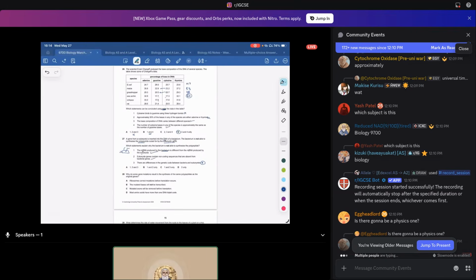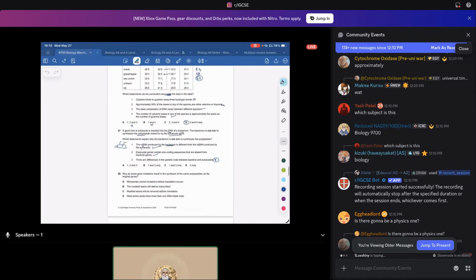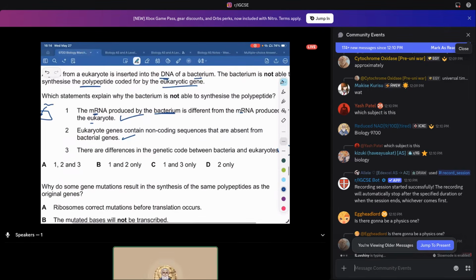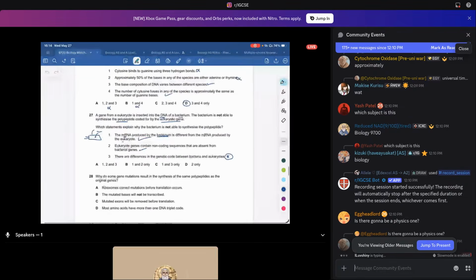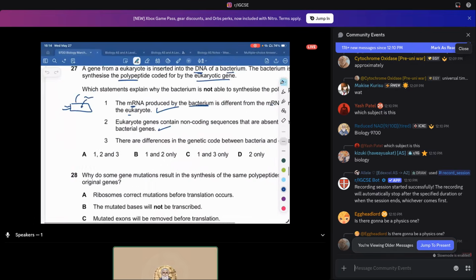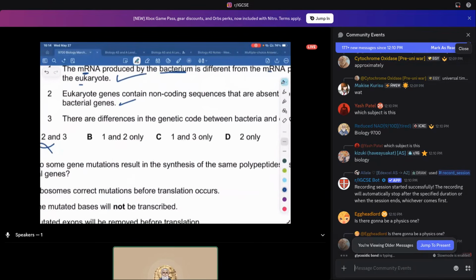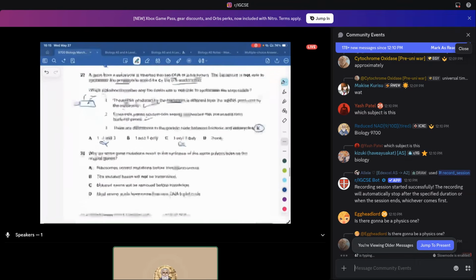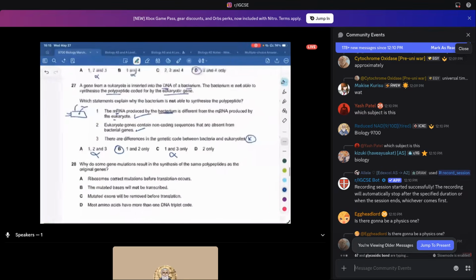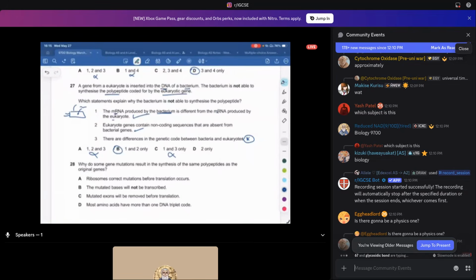Anyway, 3 statements: degenerate, universal, does not overlap. 2 is the key point here. Genetic code is universal across all species. So 3 is definitely wrong. So anything with 3 is immediately wrong. 1, 2, and 3 is wrong. 1 and 2 is wrong. 1 and 3 only is wrong. So we're left with B and D. We know 1 is correct. So the answer is B.